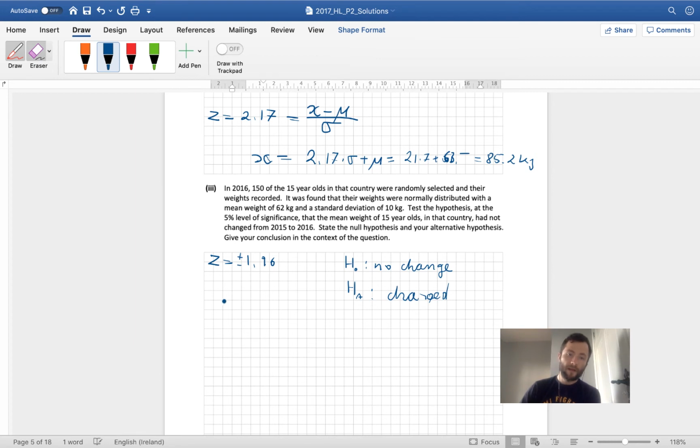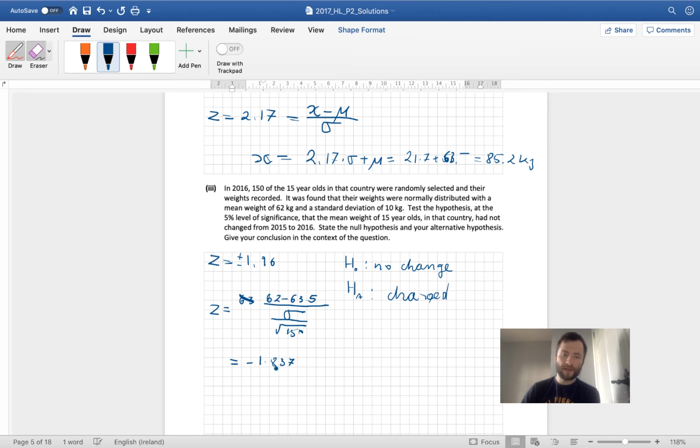Okay, so let's calculate our z-score, or z-statistic, which is equal to 62, this is the new mean, right? 62 minus 63.5, divided by the standard deviation over the root of 150, because that's the number of people in the sample, so 10 over root 150. That gives me a number of minus 1.837.